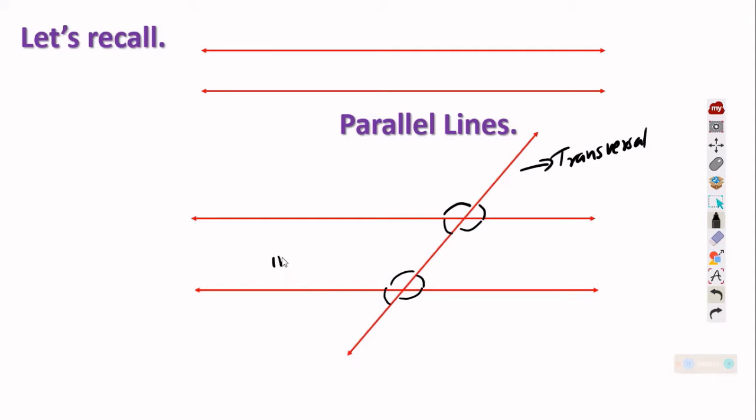This area is simply named as the interior of the parallel lines, and this area is named as the exterior of the parallel lines. And the angles on either side of the transversal, on opposite sides, we have named as alternate angles. Okay, that much you should remember before going ahead.